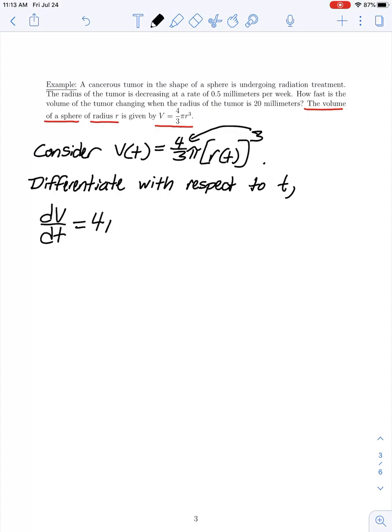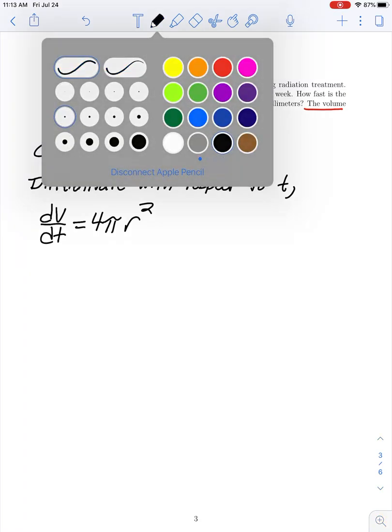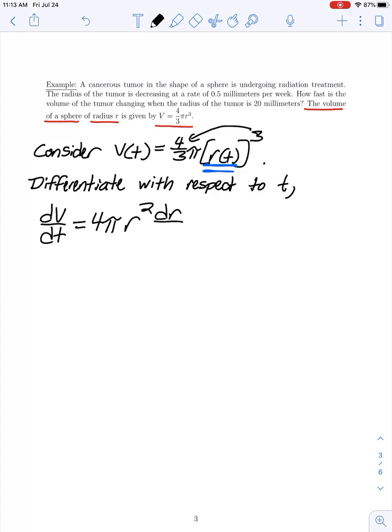So that gives us 4 pi times r of t squared, or I'm just going to write it as r squared now. But then we have to use the chain rule and multiply by the derivative of the inner function r with respect to time. So that's what we call dr/dt, the derivative of r with respect to time.